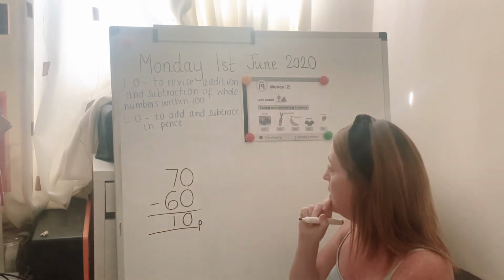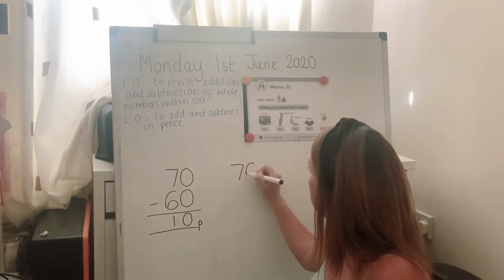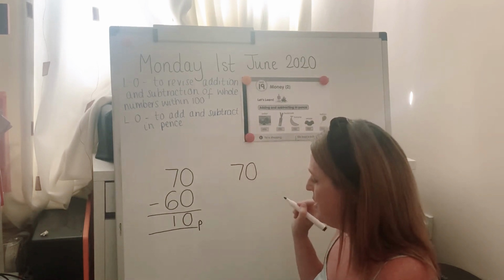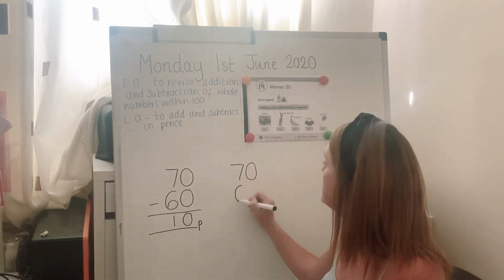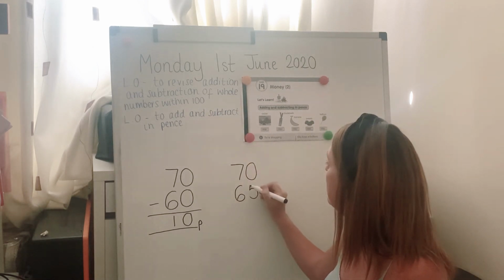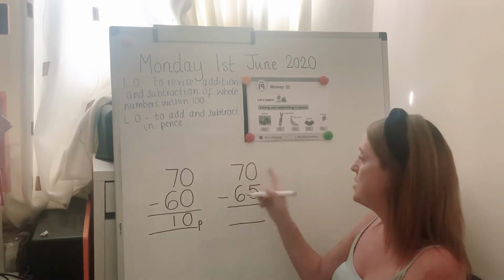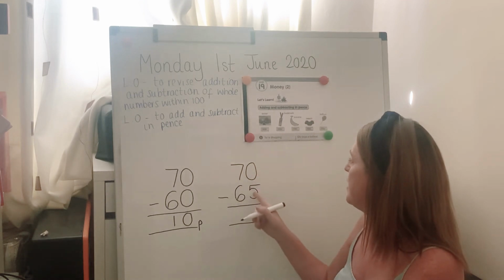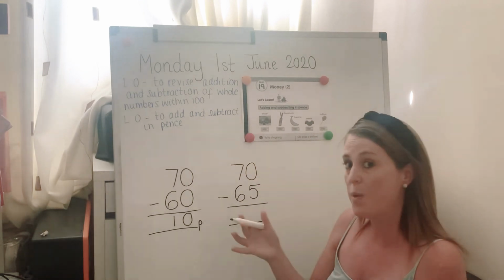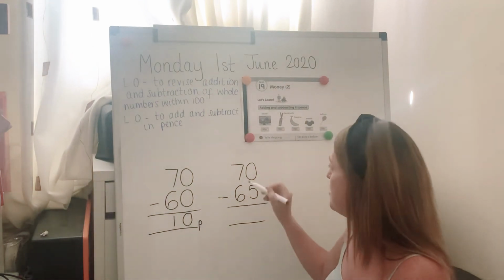Now I know that Mrs. Bennett went to the shops as well and she had 70p. And Mrs. Bennett wanted to buy a balloon. She loves balloons. And that is 65p. Okay. So we need to do 70 take away 65. So 0 take away 5. We know we can't do that. We've done that before. What do we need to do? We need to borrow, don't we?